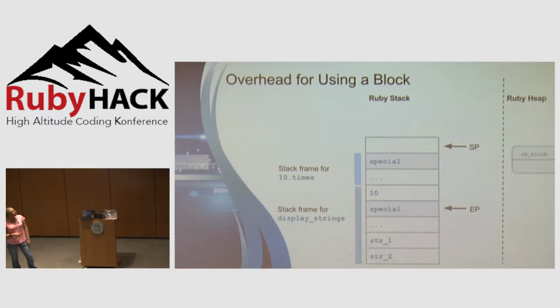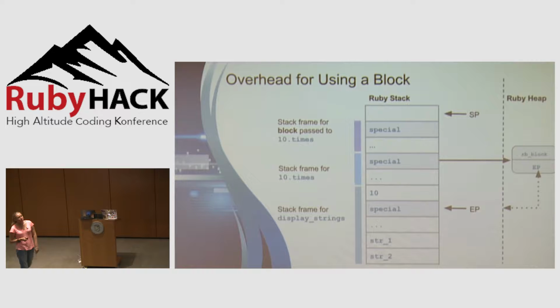We needed to create the block object on the heap, copy the environment pointer value into its environment pointer property, set the special slot to point to the object on the heap, and then every single time yield was hit, we needed to create a new stack frame, the stack pointer needed to move, the environment pointer needed to be adjusted to point to the special slot, the old environment pointer value needed to be saved down to create this kind of ladder, and there was other housework that needed doing as well, such as various properties on the heap in the block object needing to be copied to the stack frame.